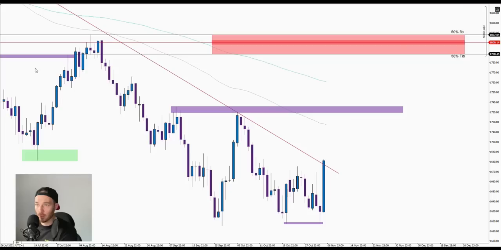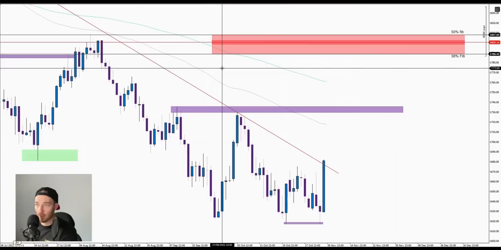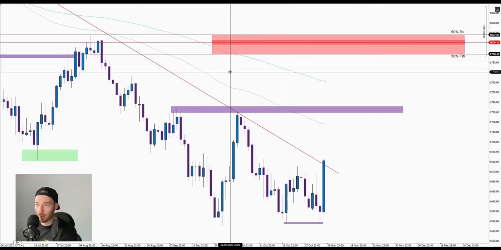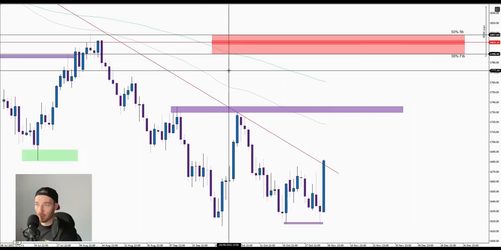Now, if it was just these two confluences, the trade would be pretty simple. The trade would be one spot price and a second one, having a distance of around 190 pips on this one.